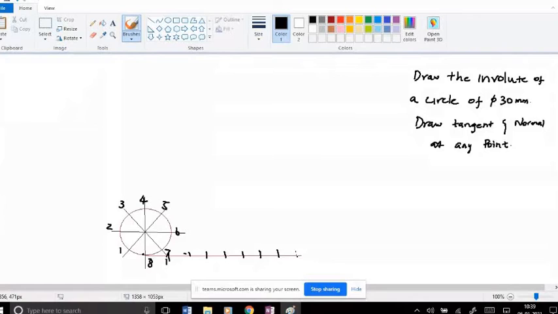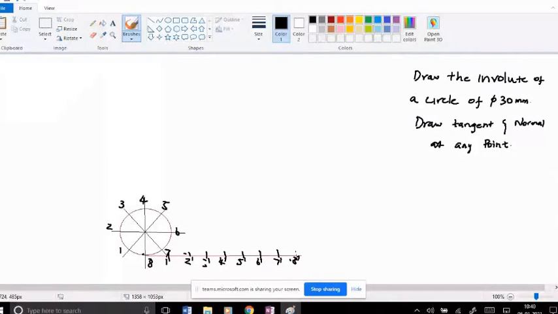When I completely unbound the string, during the winding one point will be in contact with 1. That point is nothing but 1 dash, and the point contacting 2 will be 2 dash. So when I unbound, it will become something like this, and 1 dash should be here, 2 dash here, 3, 4 dash here, 5, 6, 7, and finally the 8 dash should be somewhere here.